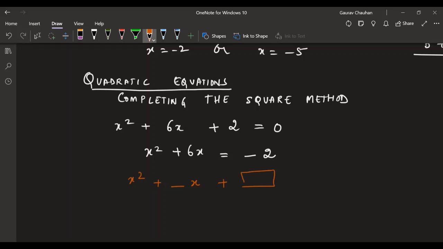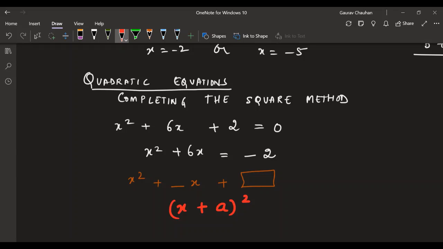Can I add a number here such that this thing will become x plus some constant, whole square? That's my goal.